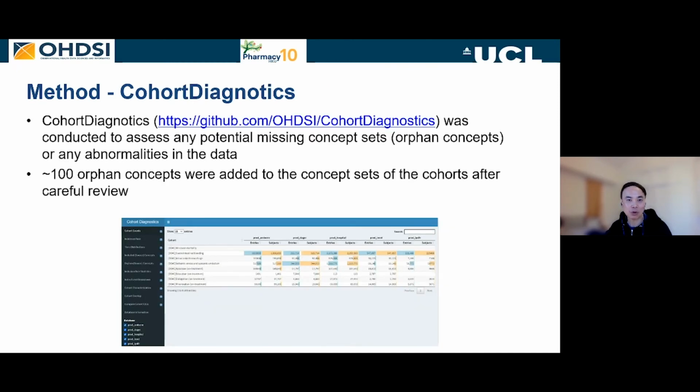We also have the cohort diagnostics, and those are in the GitHub, so everyone can access and have a look. We also added 100 orphan concepts into the concept set of the cohort after careful review. So it gives us a very comprehensive set.